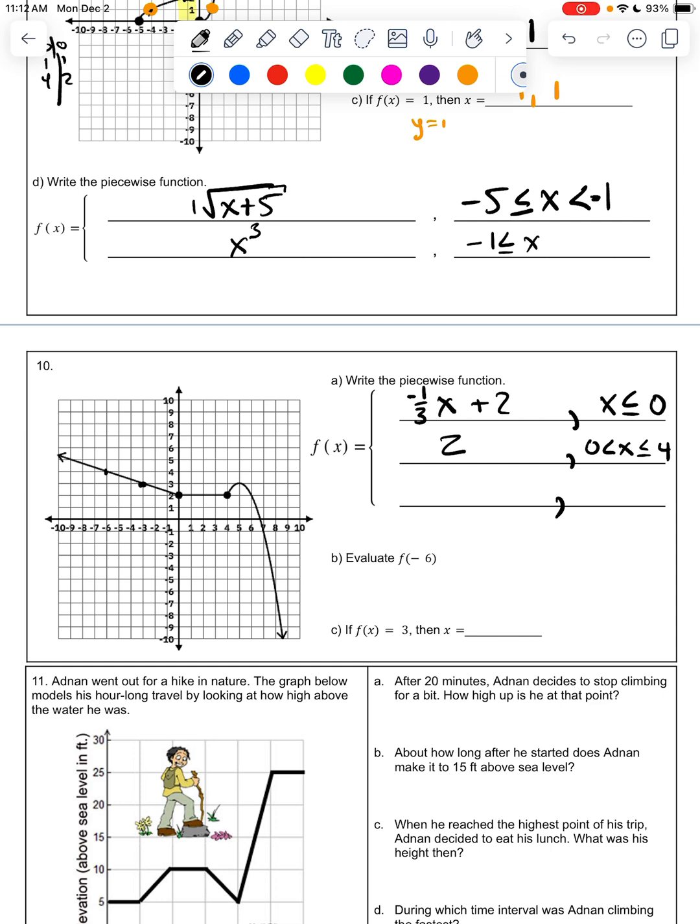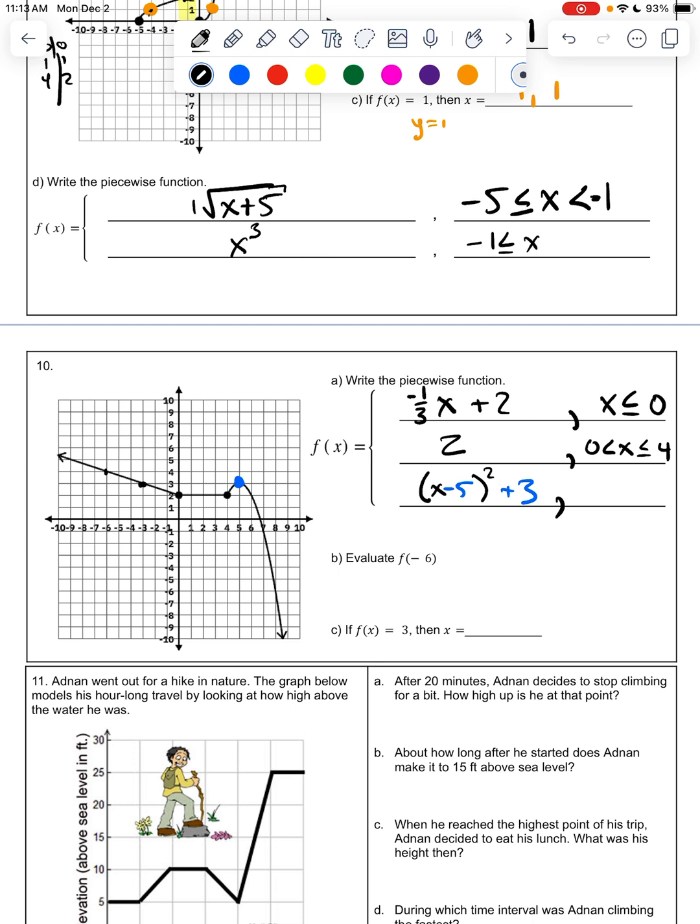The third piece is quadratic. Okay, so I know there's going to be something squared, an x in there. Where is that vertex? The vertex is right there at the point (5, 3). So I'm going to put negative 5 inside the parentheses and a height of 3. We also see that it is reflected over the x-axis.